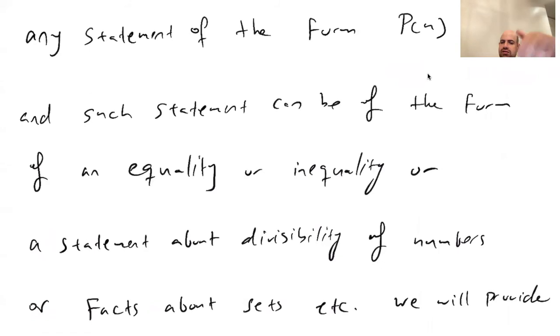Why did I mention these specific types? Because these are the types that are mentioned in your book. But of course, we can have so many more types, as long as we have a statement that includes an integer n. It could be about matrices, for example, the product of n matrices having a certain property, or, let's say, n by n matrices. You will see in linear algebra the size of matrices, let's say square matrices, n by n, and n is an integer.